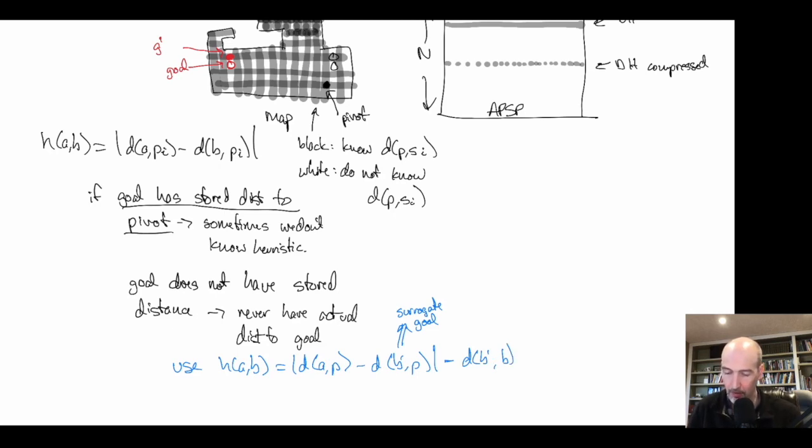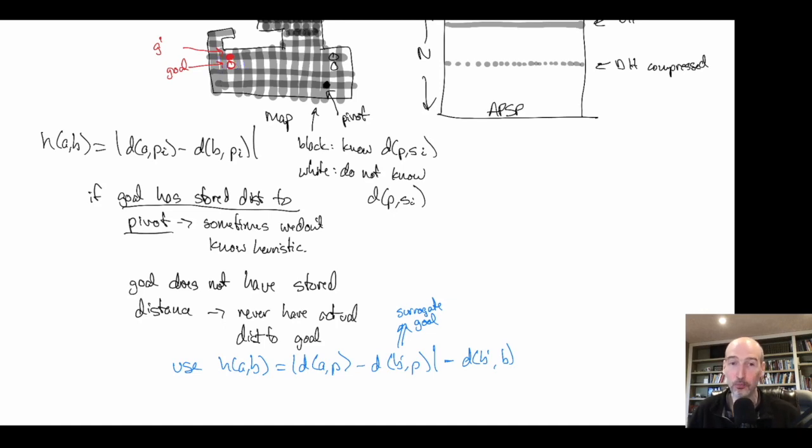So the idea here is I'm going to choose some other state where I do know distances. I'm going to compute the heuristic to that state and then subtract the distance between that state and the goal in order to get an actual heuristic here. And actually, there may be multiple states that we could use as surrogates for the goal.